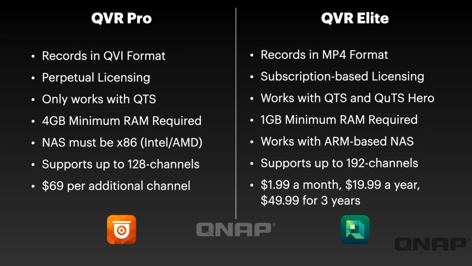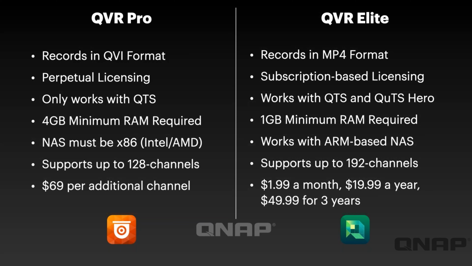In fact, if you've got, say, 20 cameras that you need to connect, and you go with our annual licensing options, QVR Elite will be the same price as QVR Pro up to about the 3-year mark. After that, of course, you carry on with the subscription for QVR Elite, but the pricing model tries to keep it on par up to at least the 3-year mark.